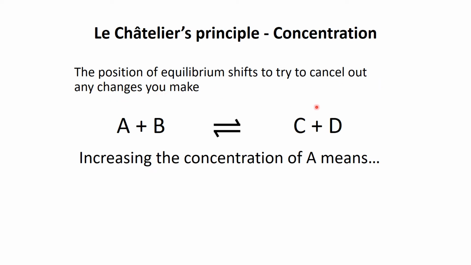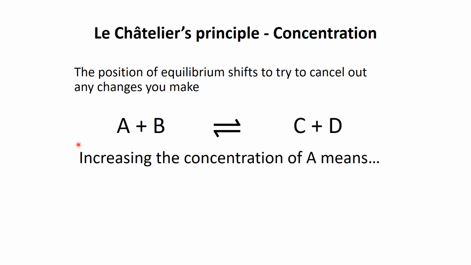So let's look at this equilibrium. Let's imagine that I allow this equilibrium to establish within a closed system, and then I come along and to that closed system I increase the concentration of A by pumping in more molecules of A.